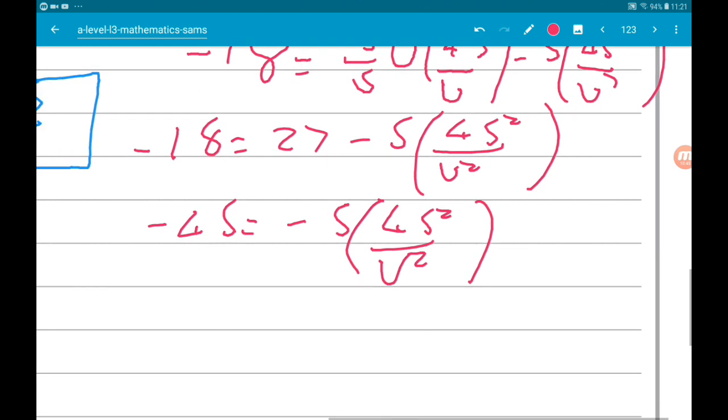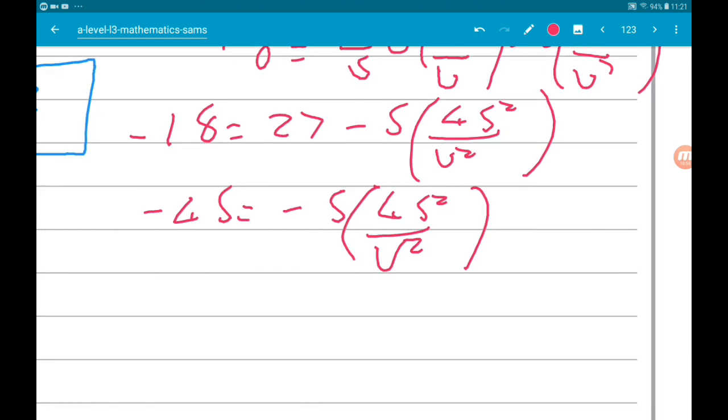Now if we divide both sides by minus 45, everything becomes positive. So we get 1 is equal to 5 times 45 over u squared.